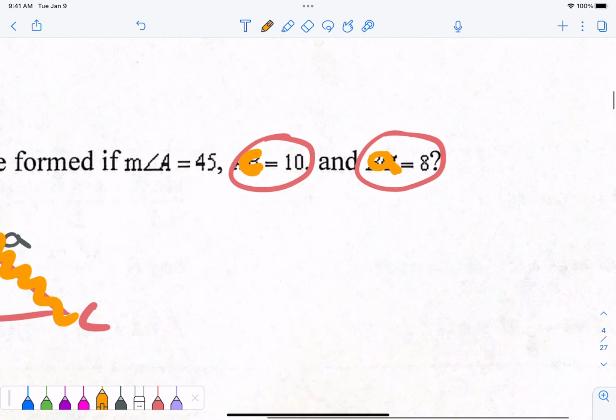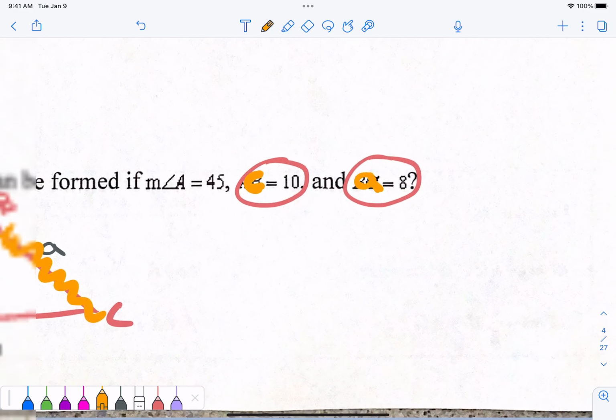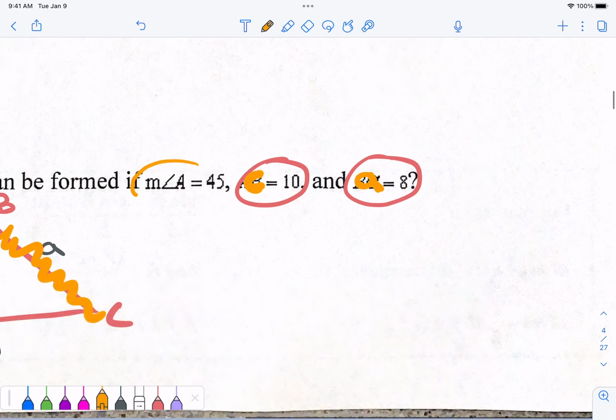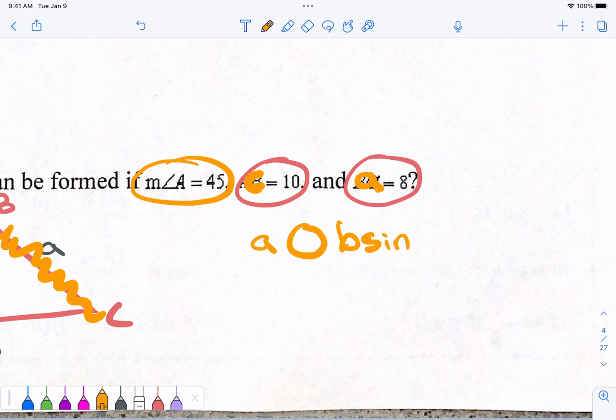Now we go to the flow chart, and we go to the one where it says angle A is less than 90. Then we compare a with b times sine of A. They don't give us b, but they give us c, and it doesn't matter if it's b or c. So a is 8, and we have 10 times sine of 45.